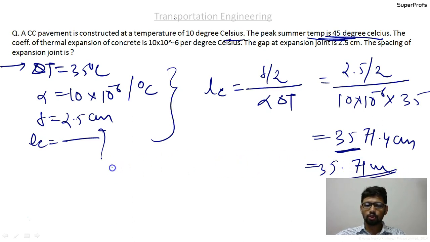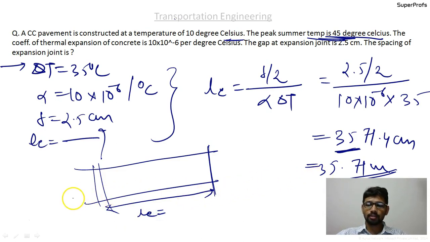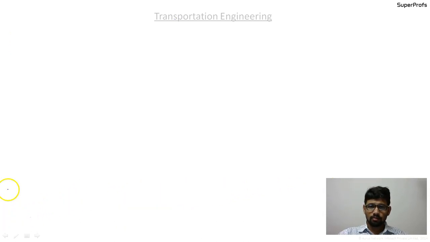So you should provide the expansion joint at an interval of 35.71 meters. This is the way the expansion joint spacing is decided. Okay, guys. So the spacing of the expansion joint is 35.71.